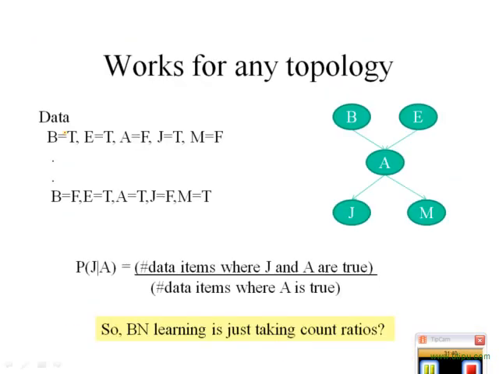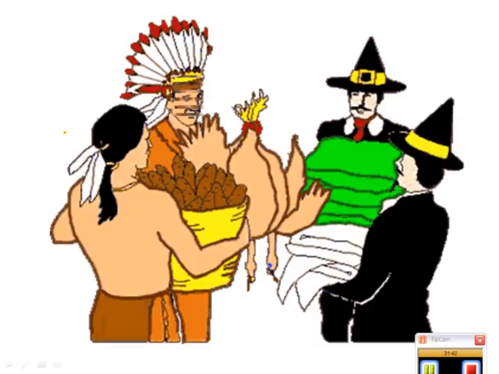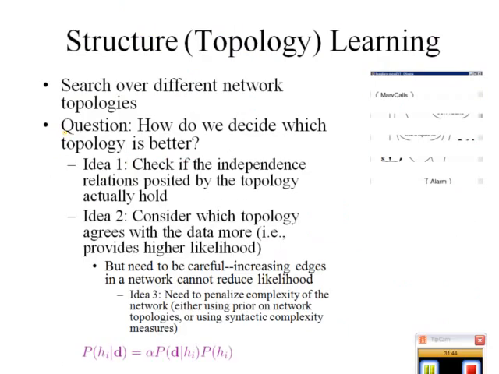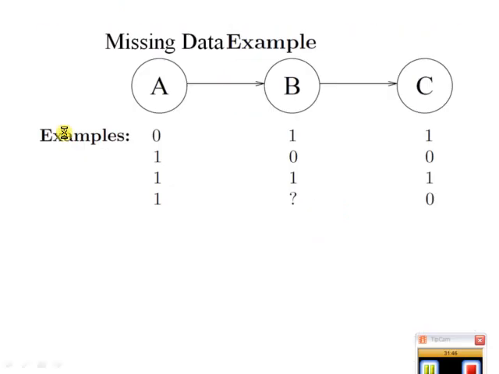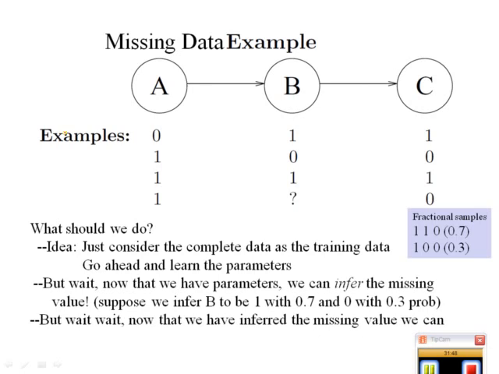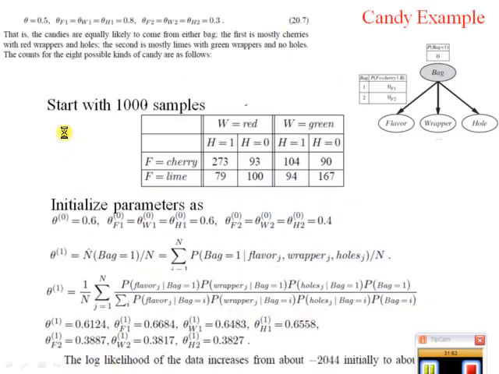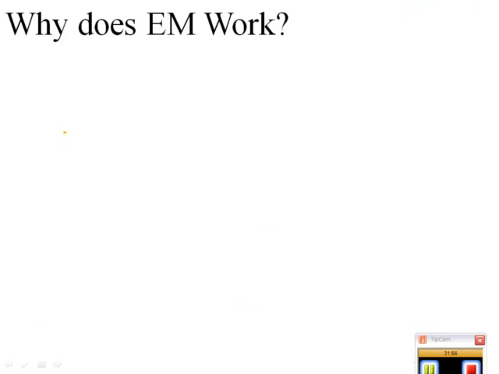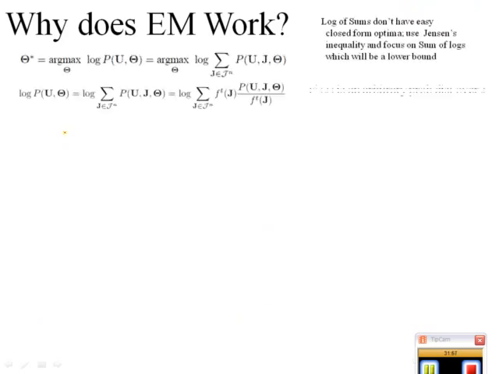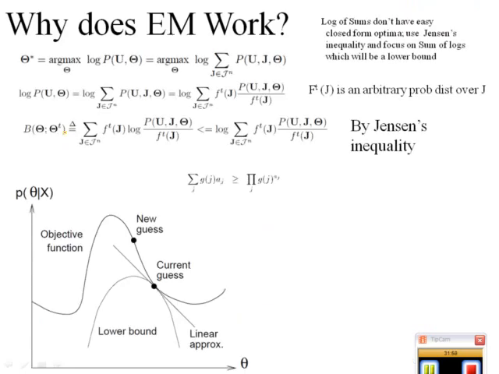If I have my thing here, incomplete data Bayes networks, the maximum likelihood can essentially be an arbitrary function. That means it can have local minima and maxima. This is just a function. The maximum likelihood might look like this.